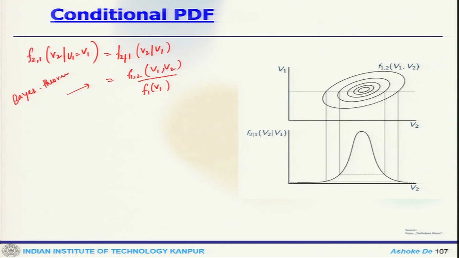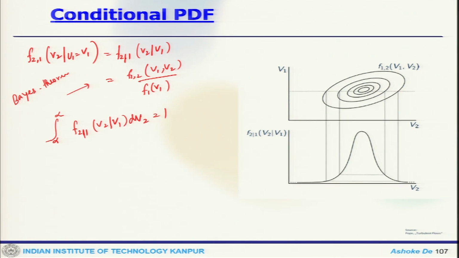Now, the joint PDF f12 is scaled so that it satisfies the normalization condition, which is the integral from minus infinity to plus infinity of f21(V2|V1) dV2 equals 1.